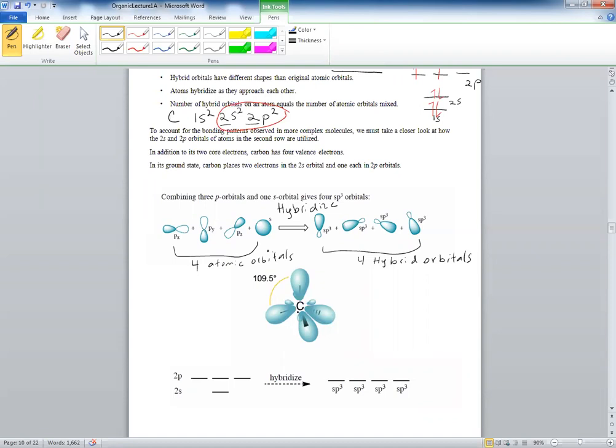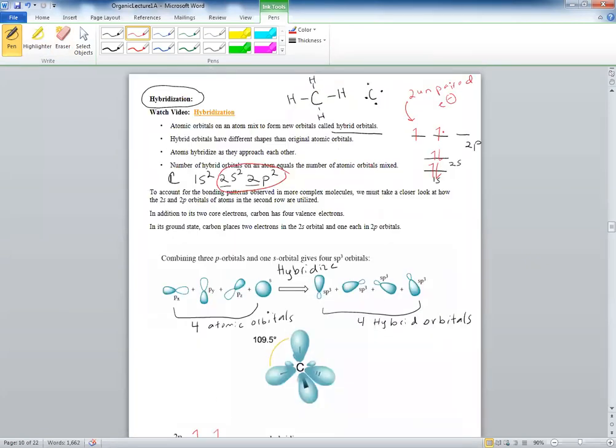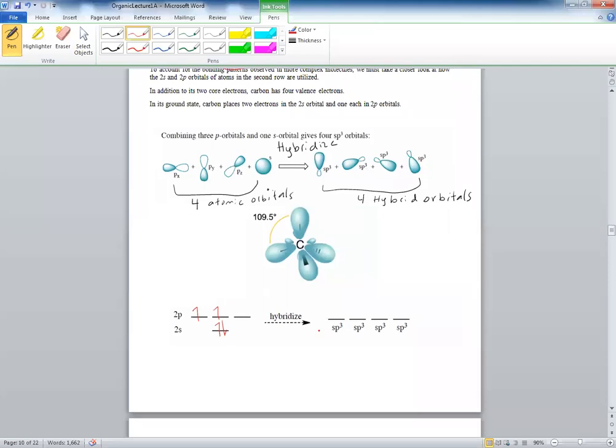In this case, you have carbon, and each hybrid has an unpaired electron. So what happened on this diagram? Here's the 2s, and here's the 2p. We took them from right there. In order for us to have 4 unpaired electrons, we have to unpair these 2.